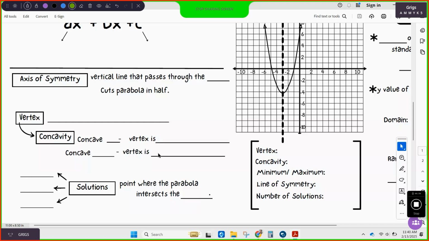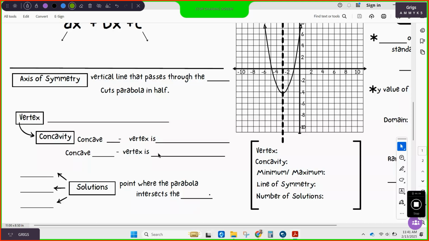Alright, so with quadratic functions, you're going to be asked to find the solutions. And solutions has 3 different terms that go with it. We've talked about the word solutions before, I believe, in linear. Solutions would be the x-intercepts.